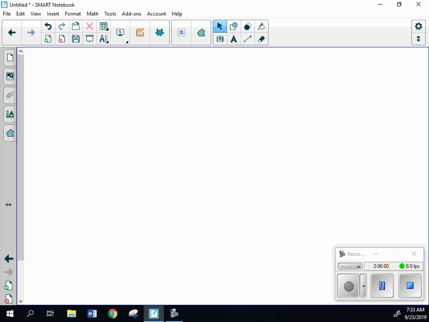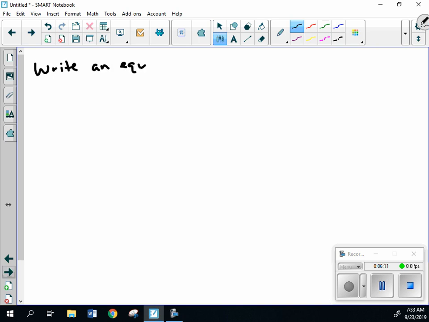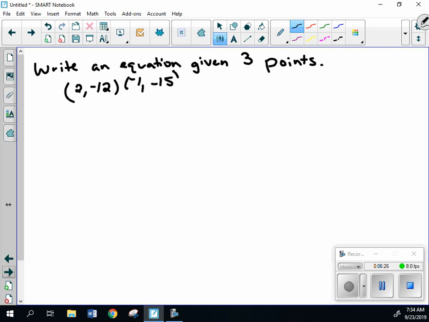Last but not least is trying to write an equation of a parabola given 3 points. So for instance, let's say that I have points at (2, -12), (-1, -15), and (-4, -90).